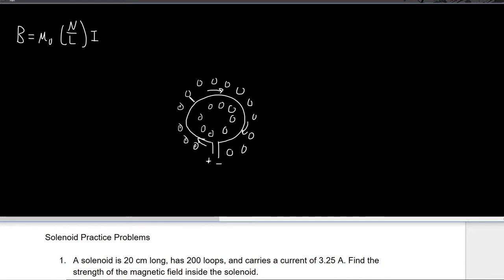I probably should have drawn these circles bigger. I was in a bit of a hurry. It's represented by just a circle with a dot in it. And it means around the entire loop, the magnetic field's going into the screen all along the inside. And this is pretty uniform, which works out really well.